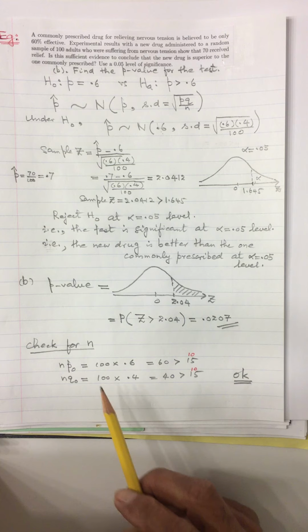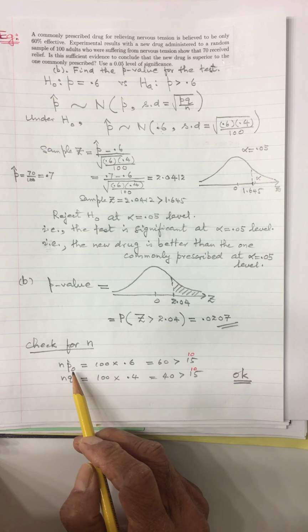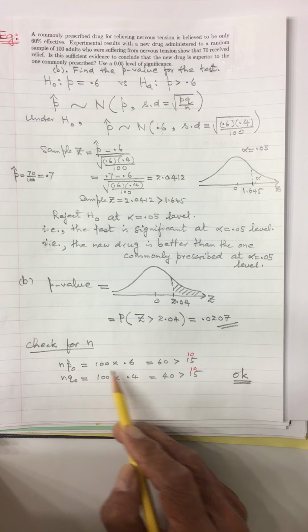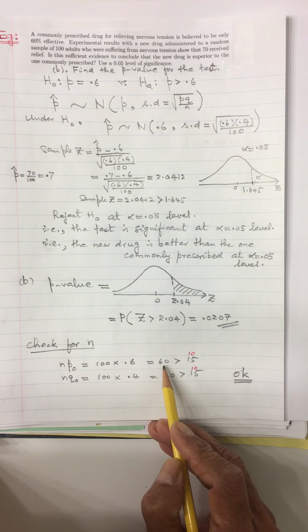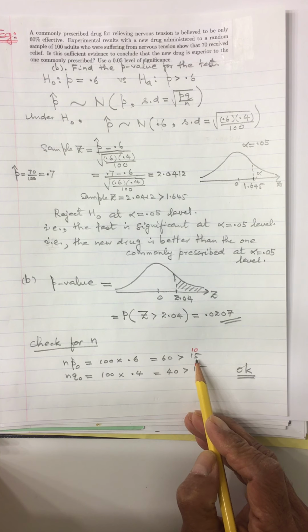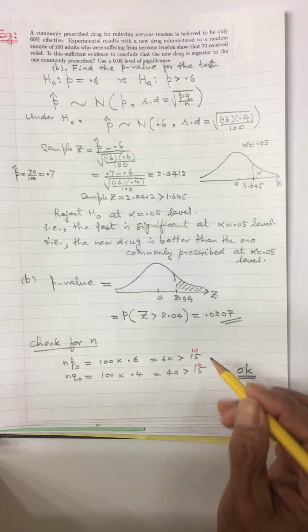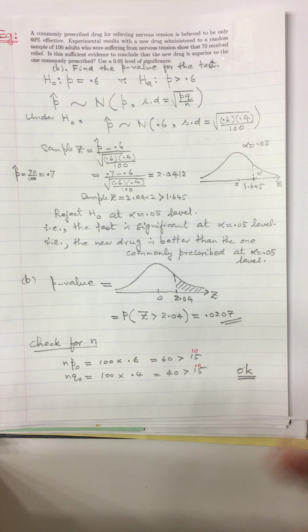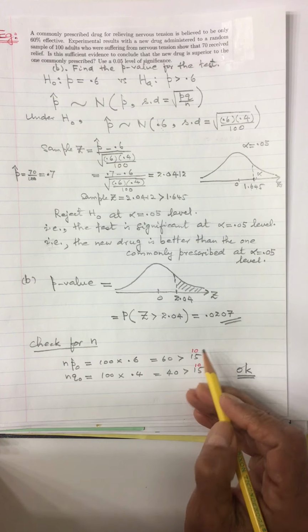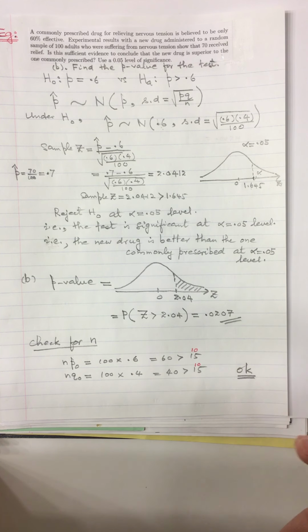Now check for n. n times p naught is 100 times 0.6, which is 60, more than 15. It depends on the book you want to check. At the bare minimum you have to have 10, so 10 or 15.